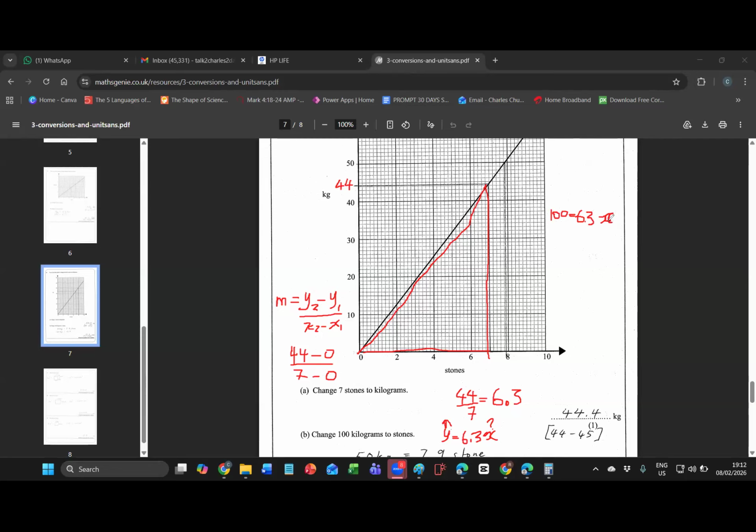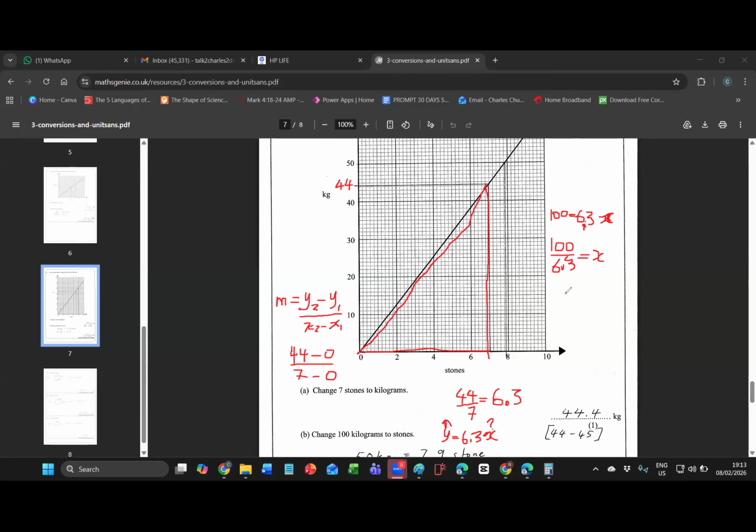So all I now need to do is to find what my x will be. And how would I get that? I'll divide both sides by 6.3. So help me do this. 100 divided by 6.3. What would you get? Will it be 0.063?